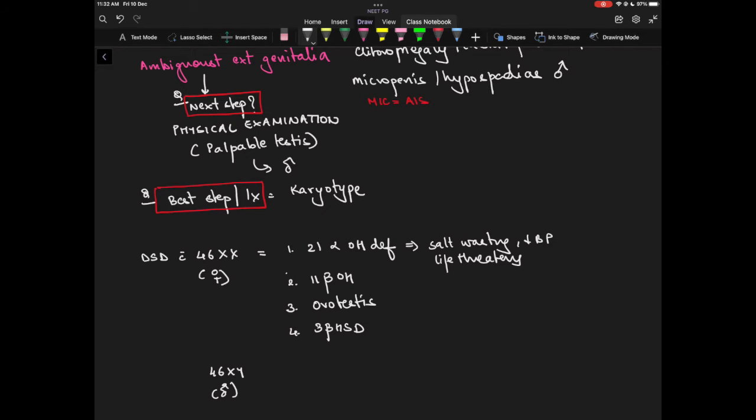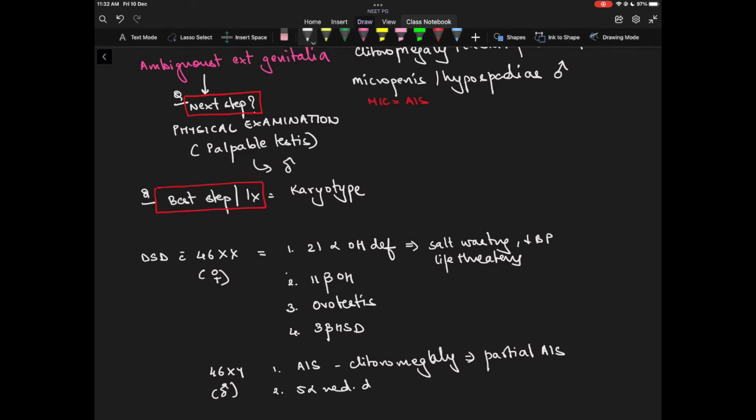DD of 46XY or male pseudohermaphrodite, most common is AIS. There can be clitoromegaly, then it is called partial AIS. Remember, very important.